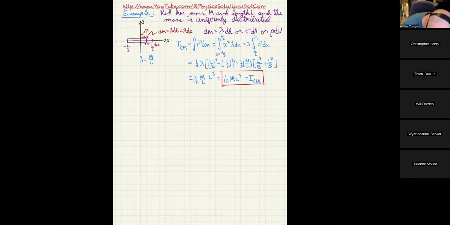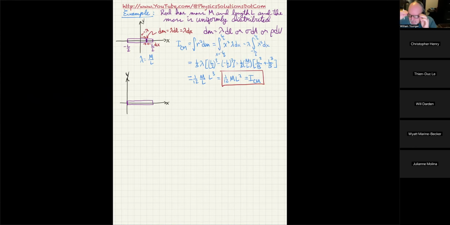Now I'm going to calculate the moment of inertia about one end. So now I'm going to draw my axes slightly differently. There's my y-axis. Here's my x-axis. Now my rod, which does seem to look sort of thin vertically and thin in and out of the page compared to the width.